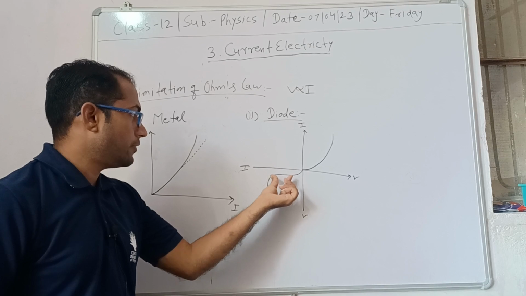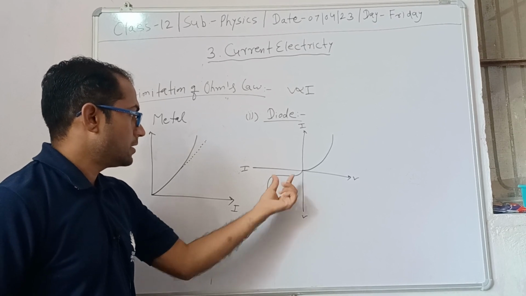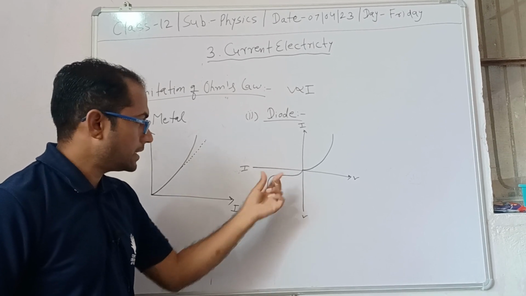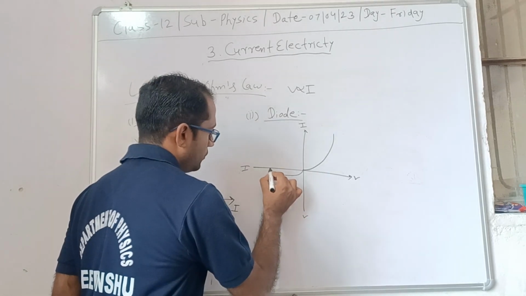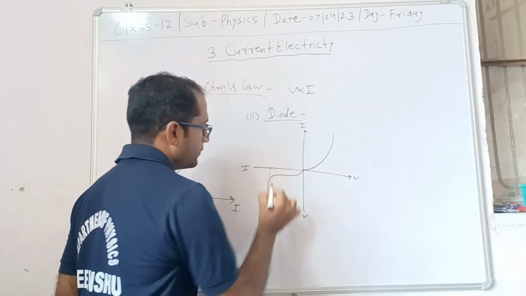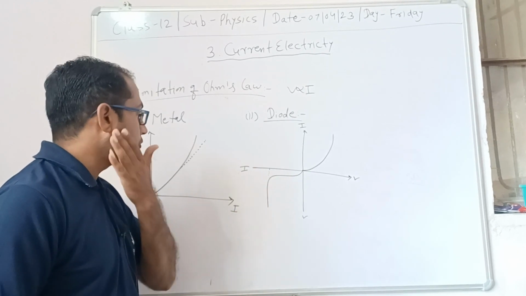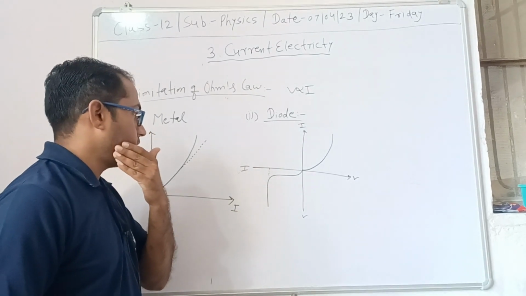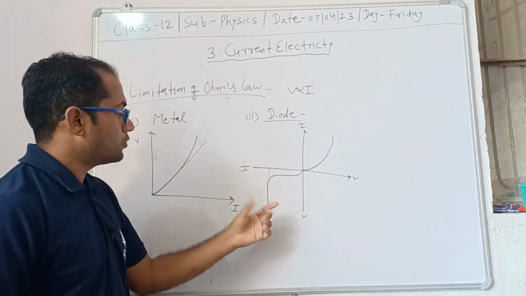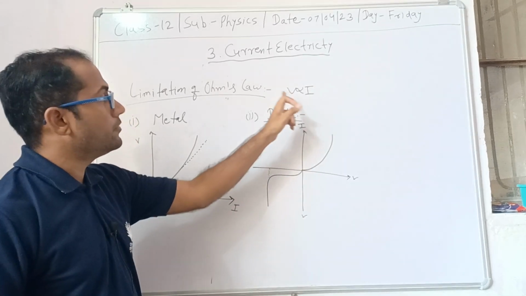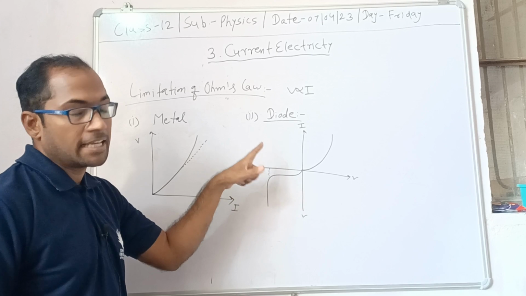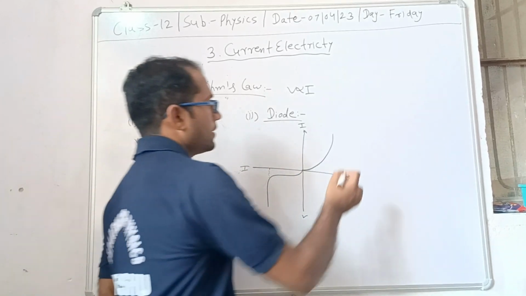At some point the voltage is very low, but then it increases very rapidly. So V is not proportional to I. This is the second exception of Ohm's law.